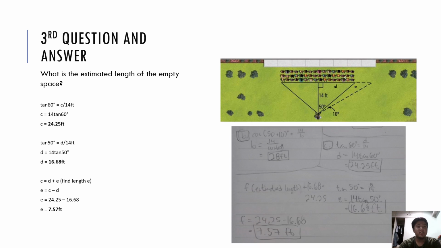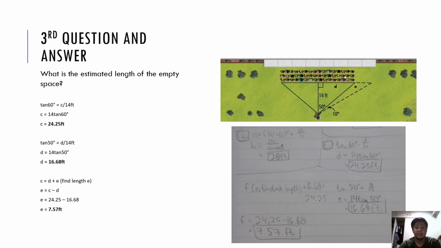So the third question is, what is the estimated length of the empty space? Here we find three missing lengths, which are the total length to the end of the camera, the length of the class, and the length of the empty space, which needs us to subtract the class part from the total. So we can use tangent since we'll be finding the opposite side.